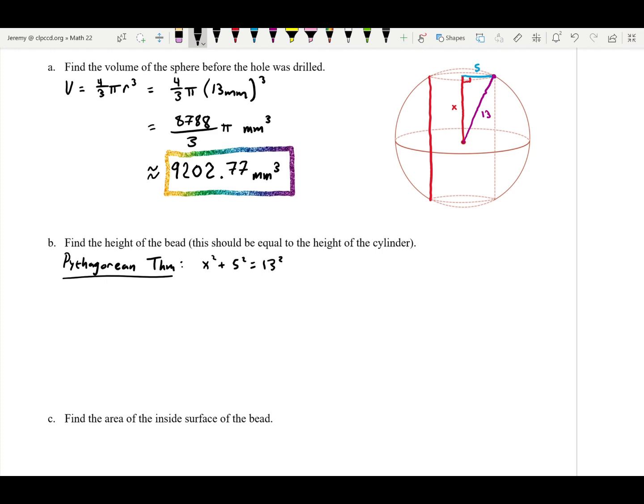Remember, the hypotenuse is the one, that's the value that goes by itself. And I can simplify. This is x squared plus 25 equals 169.